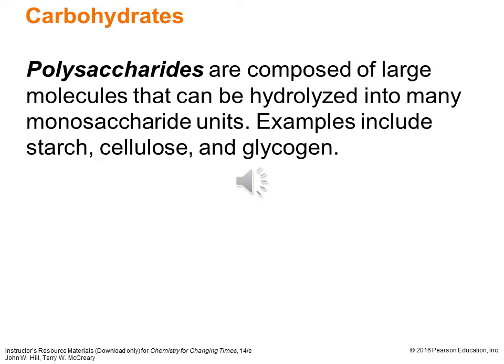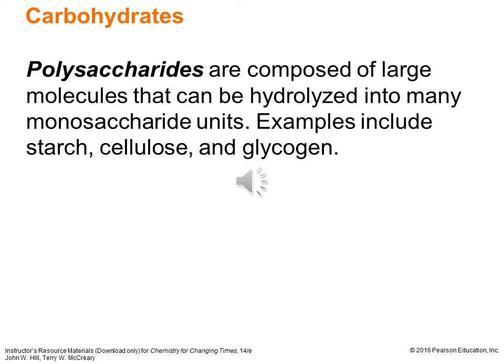Starch is the plant storage form of glucose. Glycogen is much more highly branched, and that tends to be the animal storage form. And of course, cellulose isn't really a storage form of monosaccharide units for energy, but rather for structure. As we looked at the plant cell wall, that would be a cellulose structure.